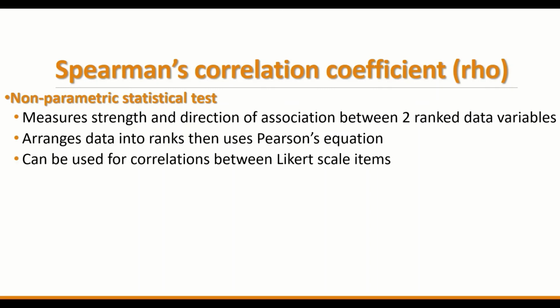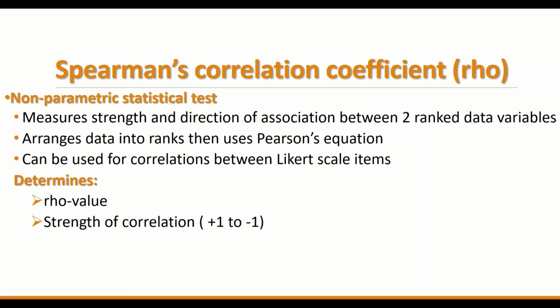It can be used for correlation between Likert scale items. The test determines the raw value for a correlation between two variables and determines the strength of the correlation on a scale of -1 to +1. +1 is the strongest correlation, -1 is also the strongest correlation, but it is inverse. +1 is the strongest correlation, and it is a positive relationship.